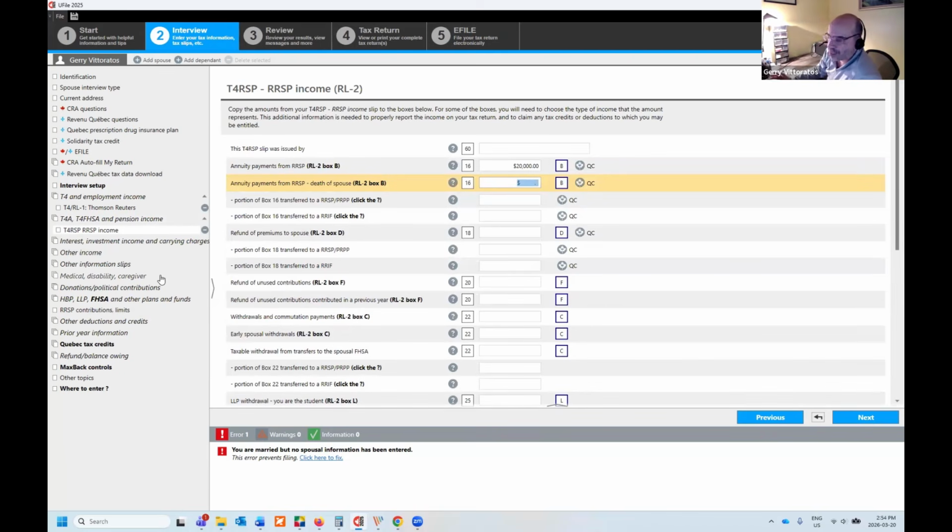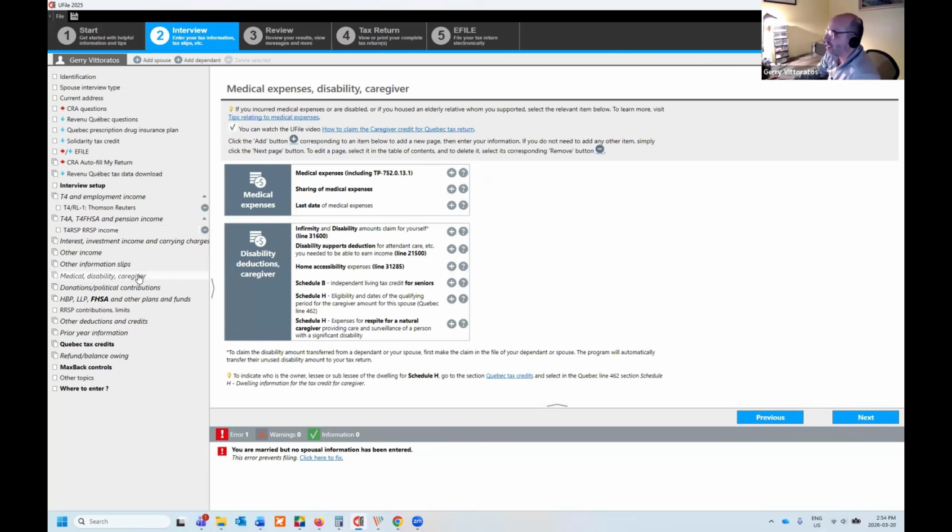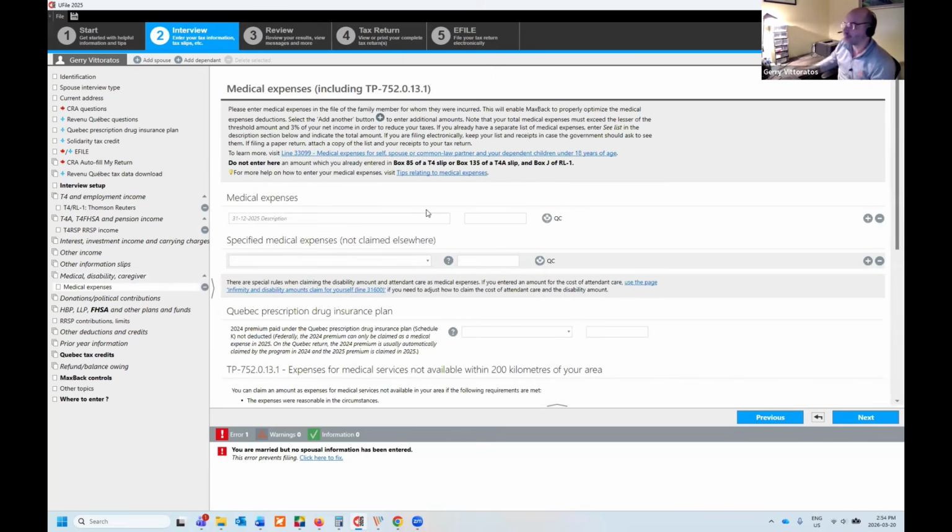All right, now some other examples of entries. Let's have a look at medical and disability. So medical expenses, I'm sure all of you have this. You enter your eligible medical expenses in the relevant section, which is right here. I click on the plus sign, and then I enter the date of the expense.